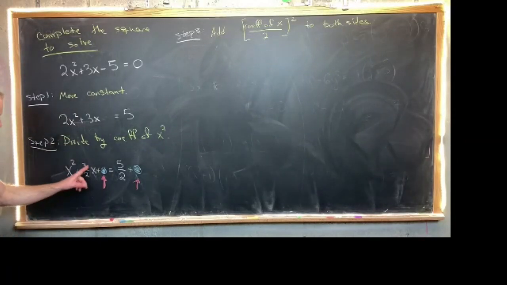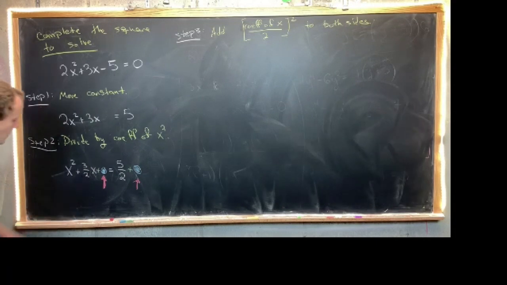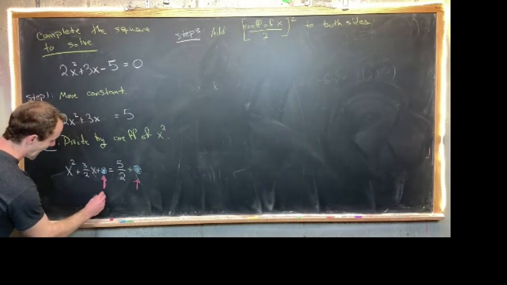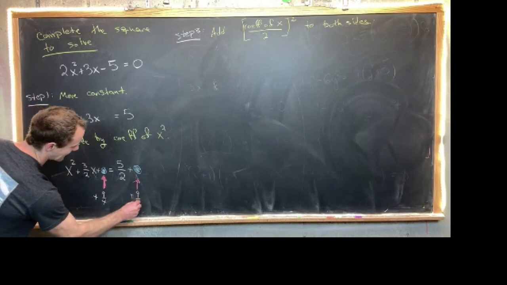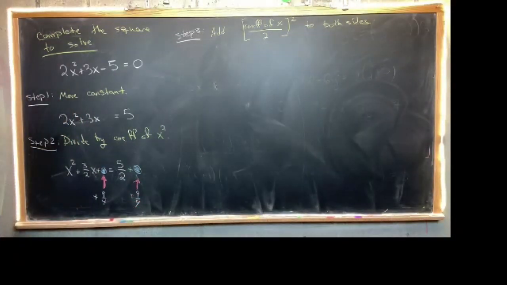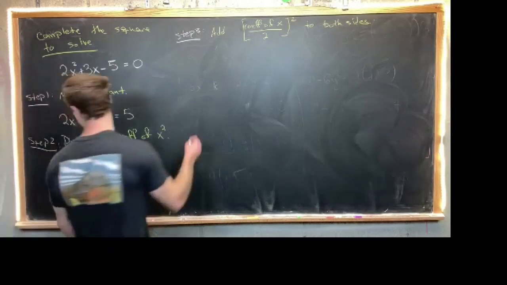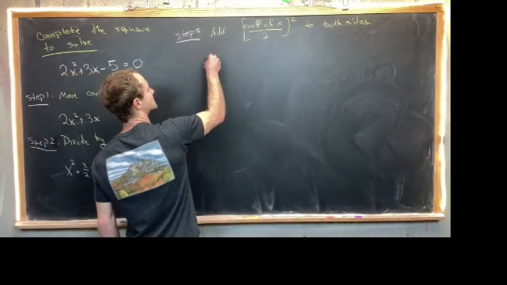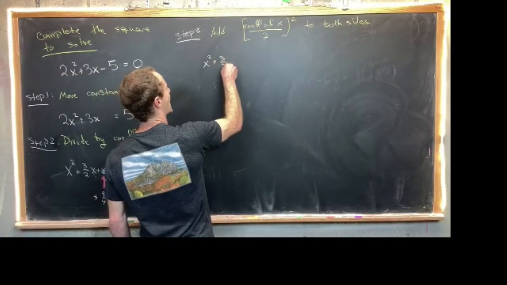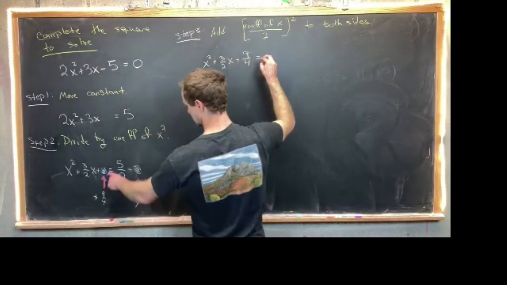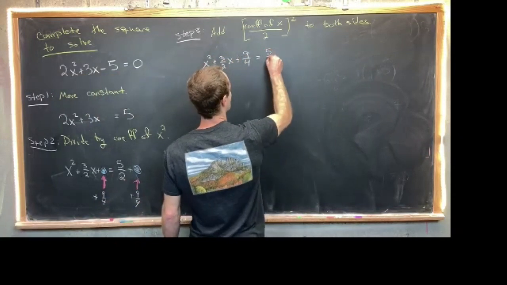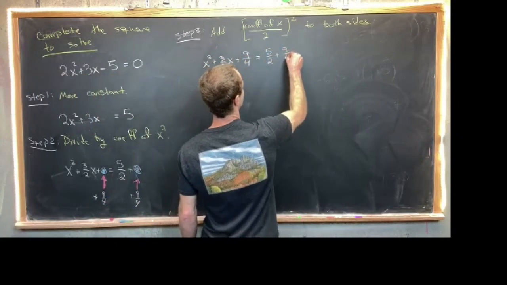Well, so notice the coefficient of x is 3/2. So that means we're going to want to add 3/2 squared, but that's going to be 9/4. So we're going to add 9/4 to both sides of the equation. So let's see, that gives us x squared plus 3/2 x plus 9 over 4 equals, so we have 5/2 plus 9/4.